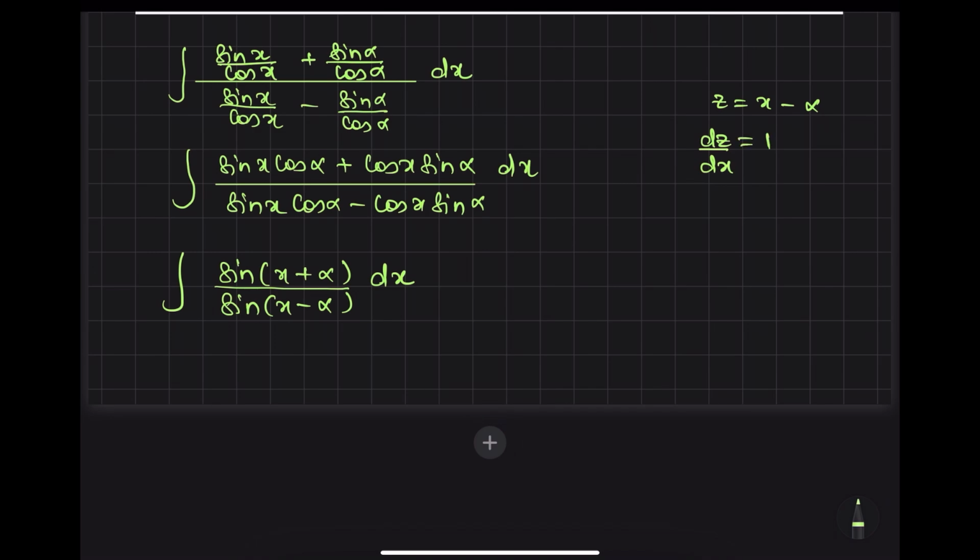Now do the replacements. In place of x, can I write z plus alpha? So this will become z plus 2 alpha, and the denominator will look like z. So this is z and this is dz.